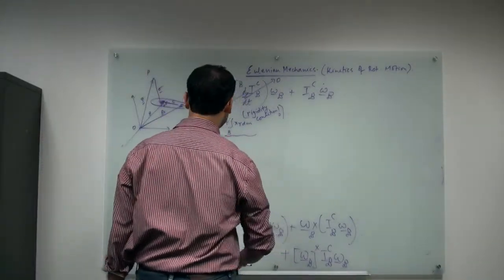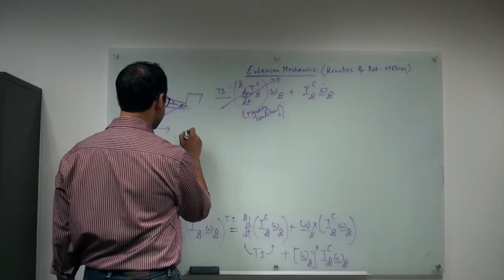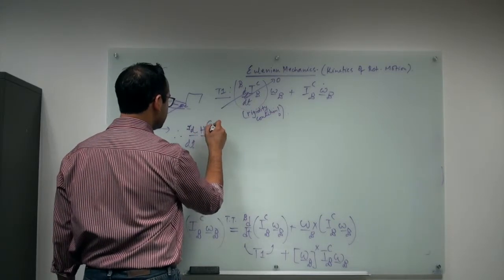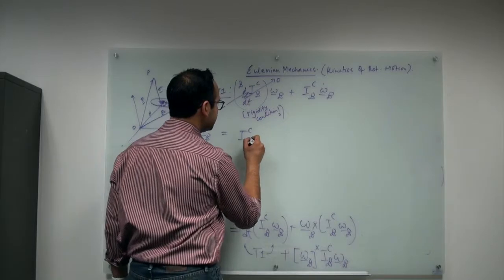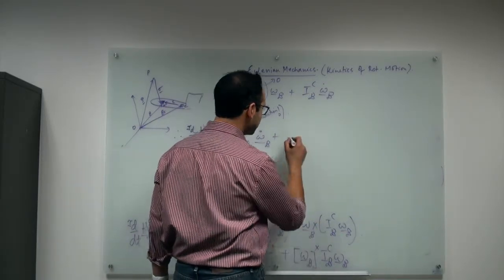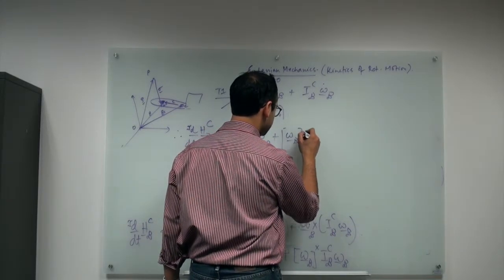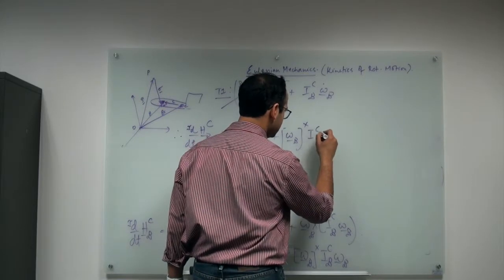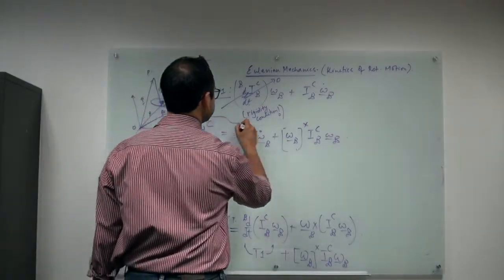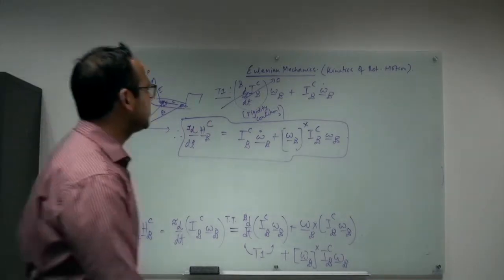Therefore, the inertial derivative of angular momentum is I C B omega dot plus what we got here, omega cross omega. Great. And we know that this is equal to the torque.